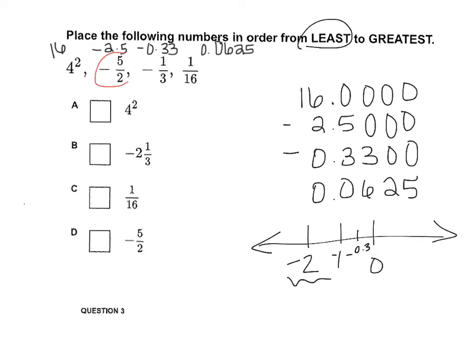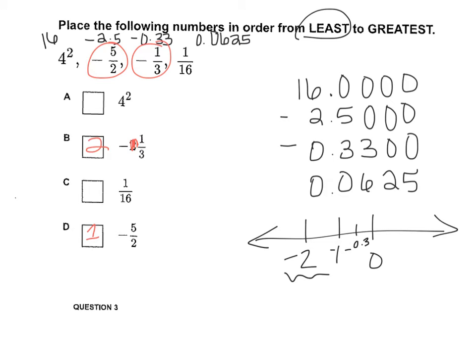That was this fraction. So I'm going to put a number 1 out to the side of negative 5 over 2. And then I only have one other negative number, this negative 0.3. So that has to be my number 2. That should say 1/3. Sorry, that's my bad. Good thing you're watching this.